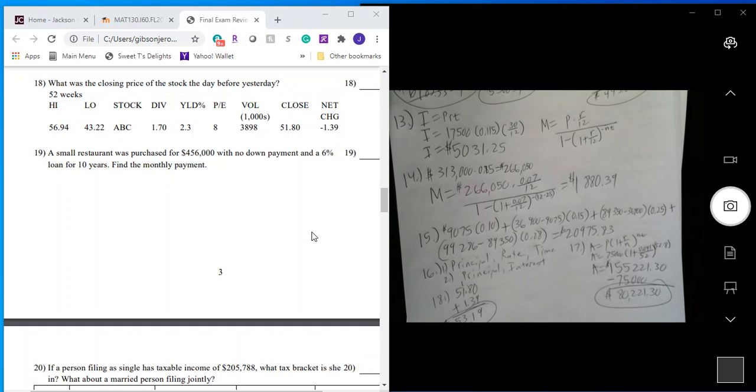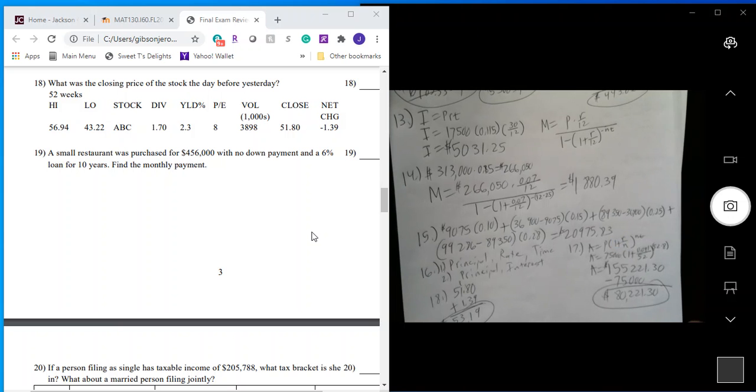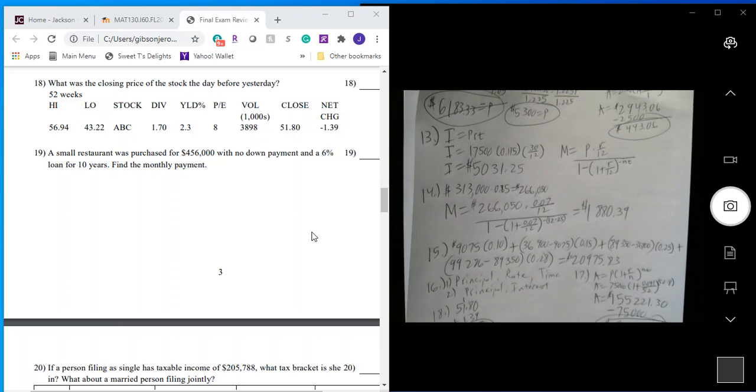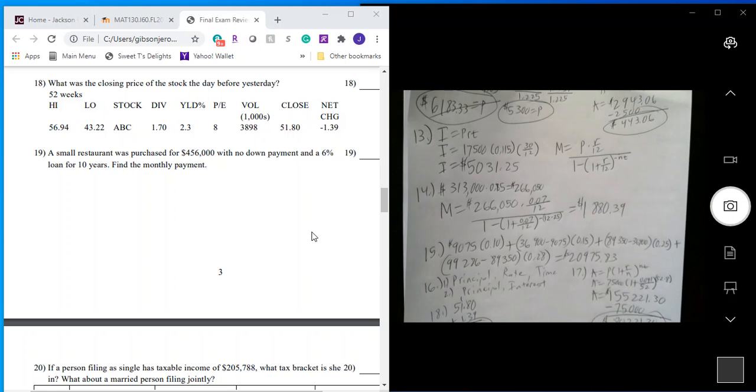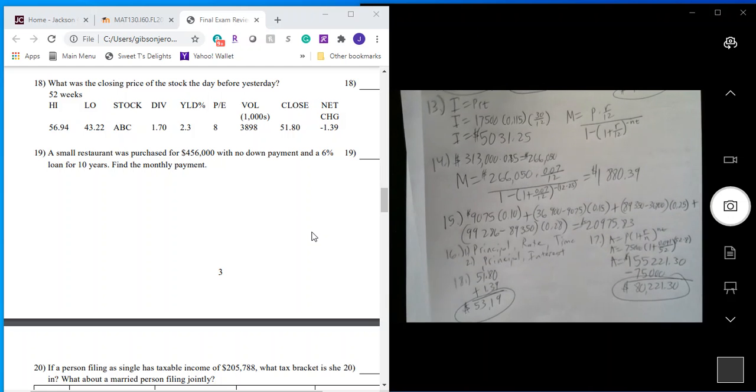Okay, now, 19. A small restaurant was purchased for $456,000 with no down payment and a 6% loan for 10 years. Find the monthly payment. Now, this is another monthly payment problem. I'm not going to rewrite the monthly payment formula. We have it here. So all we have to do here is substitute.